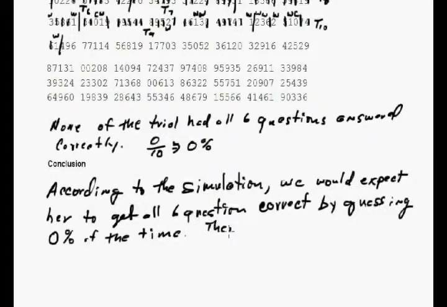Therefore, we do not believe her. Okay, don't go beyond what we can say. Don't say therefore she's a habitual liar or something like that. We don't have evidence of that.